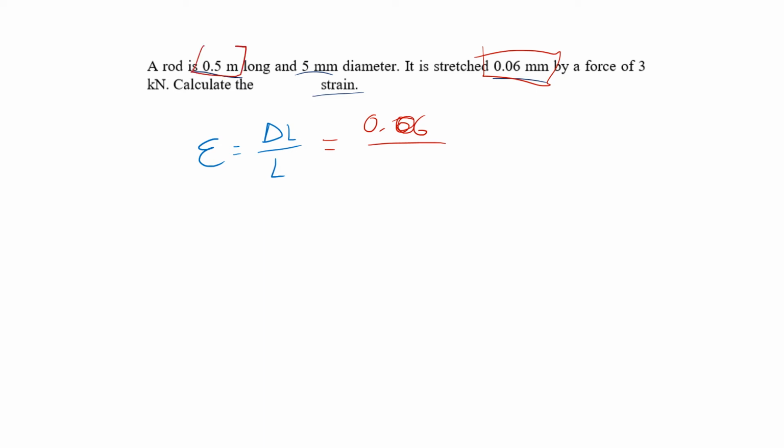How long it is has to be in millimeters to match. So ½ a meter is going to be 500 because 1 meter is 1,000. So all you got to do is divide those numbers there, and you're going to get 120 micro. And that's that. So are we feeling okay about that?